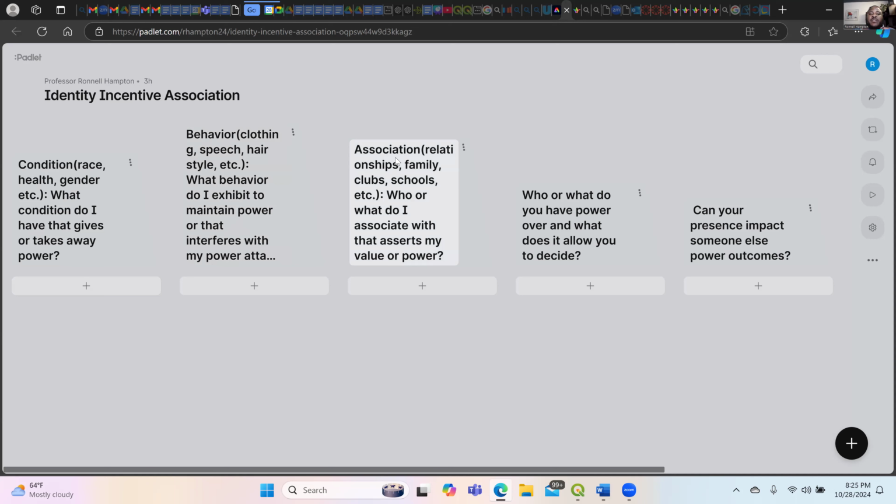And then association: relationships, family, club, school. Who or what do I associate with that asserts my value or power? And who or what do you have power over? And what does it allow you to decide? And lastly, can your presence impact someone else's power outcomes?